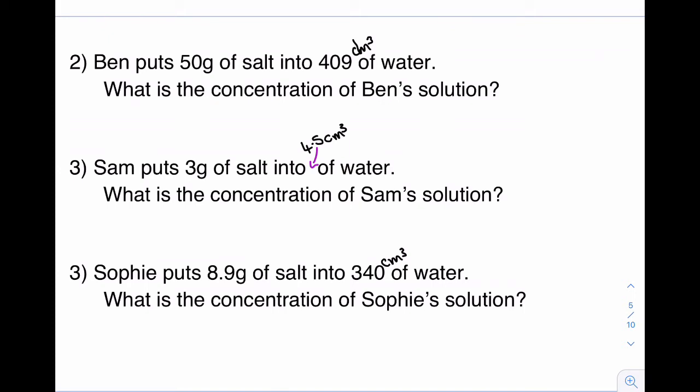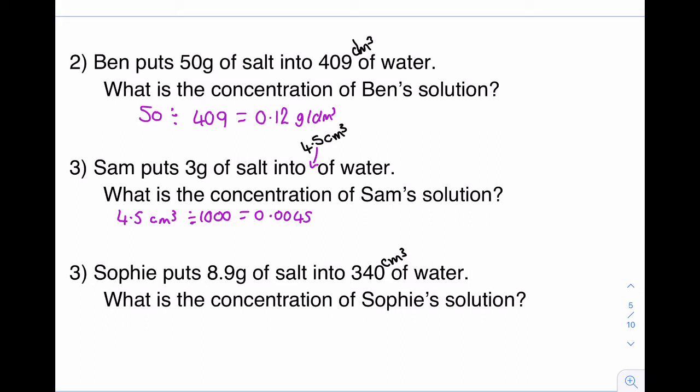Okay, so you should have had a go at the first one. So you do 50 divided by 409, which will give you an answer of 0.12. We'll just do 2 decimal places, grams per decimetre cubed. This next one, you're going to do 4.5 centimetre cubed. You need that in decimetre cubed, so you're going to have to divide by 1,000, which will give you 0.0045.